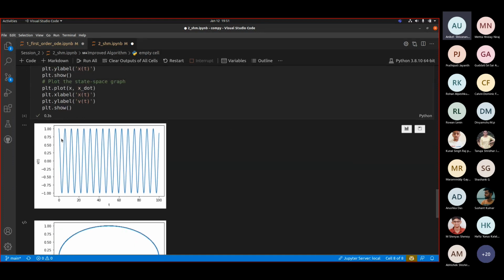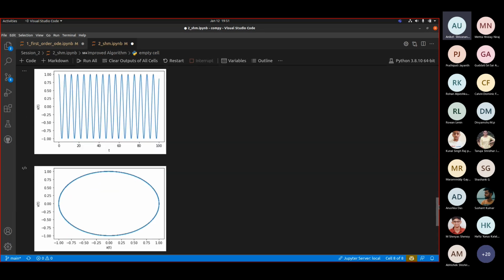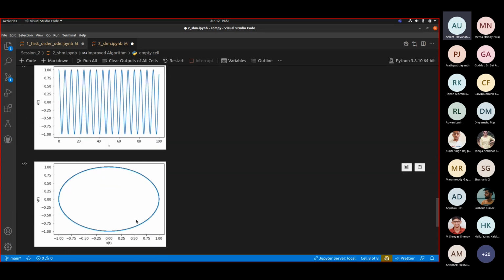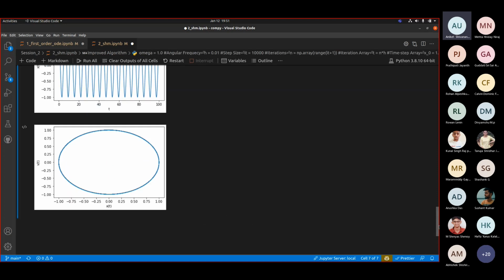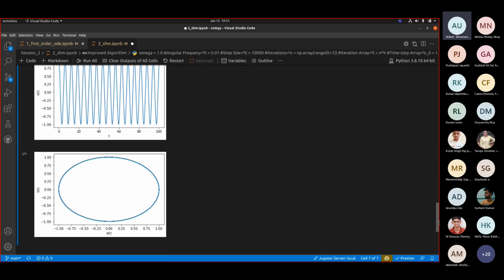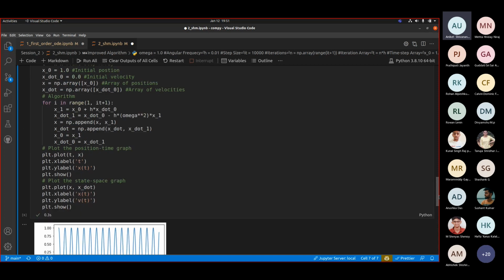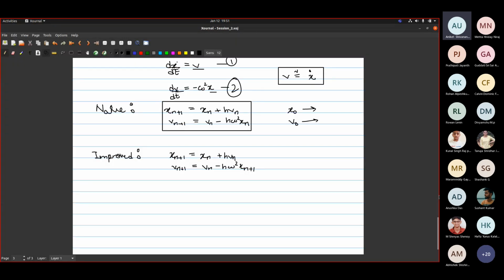But static means it is oscillating up and down at the same frequency, at the same amplitude, and it does not change in time. Similarly, it is going round and round in the same ellipse along different positions in its state space. And that is precisely what we want it to do. So we can successfully conclude that this algorithm works much better.